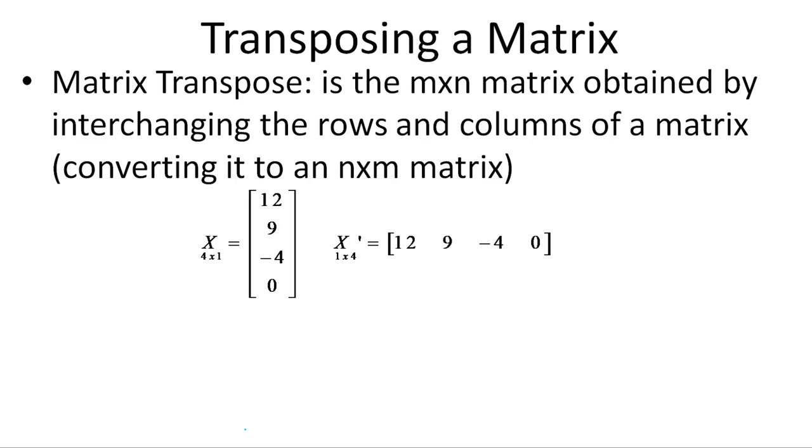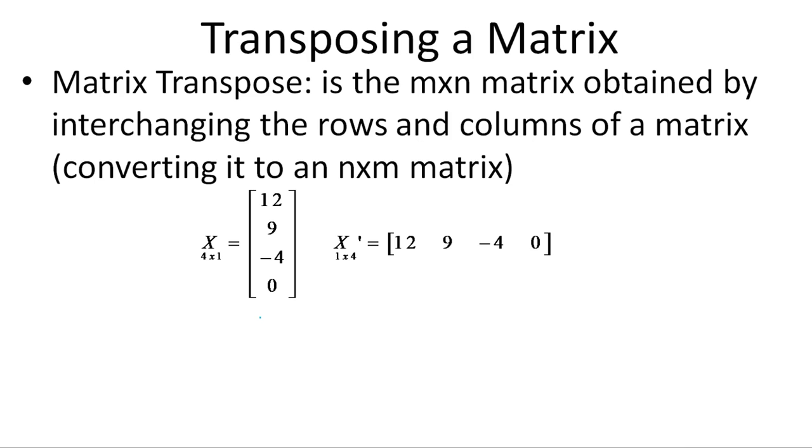You have four rows and 1 column in the original matrix. So when you transpose that matrix, you will now have 4 columns and 1 row. The first row becomes the first column, the second row the second column, the third row the third column, and the fourth row the fourth column. So you have to interchange them. This is how we can transpose matrices.